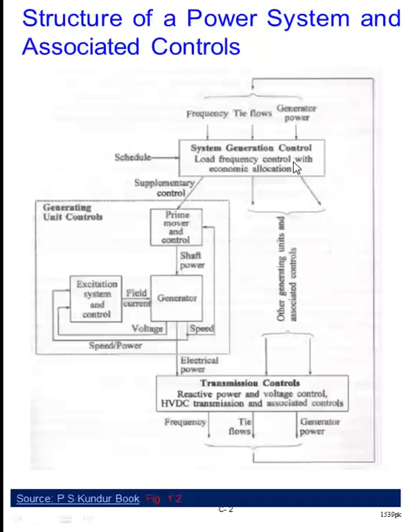That means we have to decide what could be the optimal cost of power generation by these power plants. We have to decide that way, and thus we apply the economic allocation of the power generation among the several power plants in the system, right?